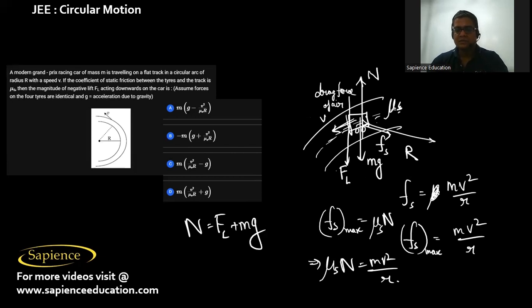since in the vertical direction the car is in equilibrium, the net force on the car in the vertical direction is 0. That's why the upward force will be equal to the net downward force, which is Fl plus mg. So therefore mu s into (Fl plus mg) will be equal to mv square by r. So Fl plus mg will be equal to mv square by mu s r.